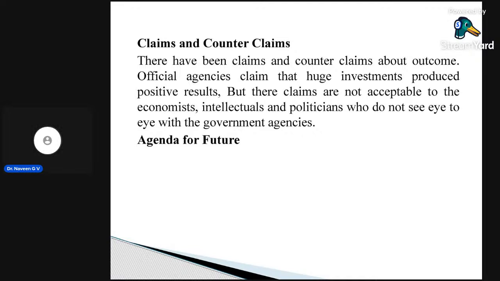Additionally, in terms of business efficiency, India has moved from 51 to 22, and in terms of economic performance, from 22 to 12. The dismantling of the industrial licensing system and liberalizing the policies also took place in these circumstances. Like this, claims have taken place, and counterclaims.